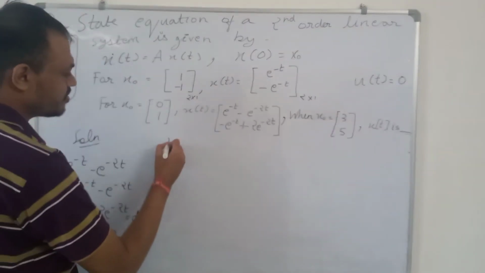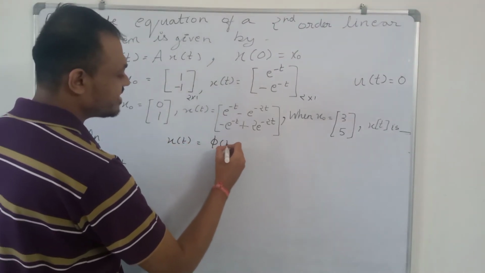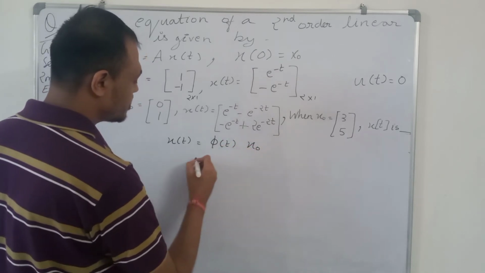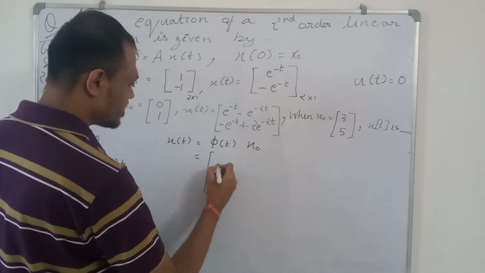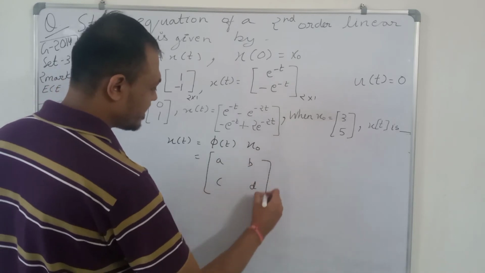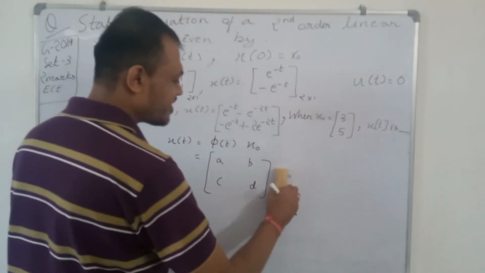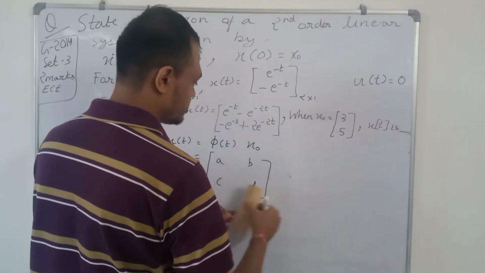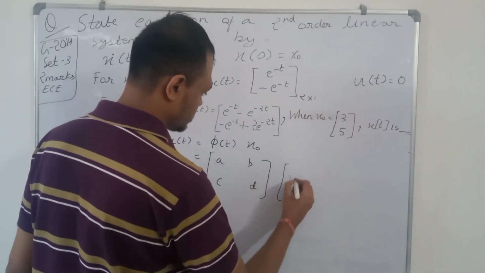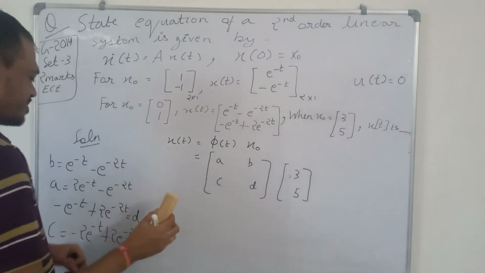So x of t will be equal to the state transition matrix into x of 0. This will be equal to a, b, c, d into x of 0, where x of 0 is 3, 5. We can put the values of a, b, c, d here.